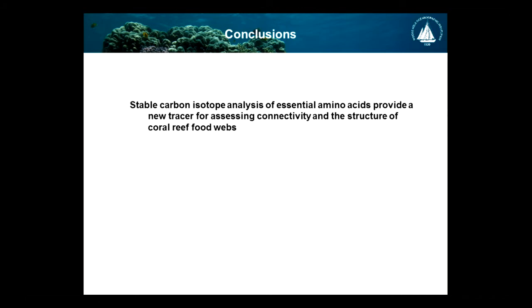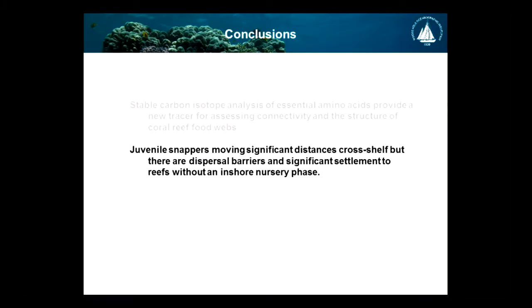Okay, so just to wrap it up, again, it's not a new technique, but what we are doing is applying it to situations where it typically hasn't been applied before, and it provides a really interesting tracer, both for assessing connectivity in terms of the snapper example, and in terms of looking at the structure of coral reef food webs. We've talked about carbon in this case.